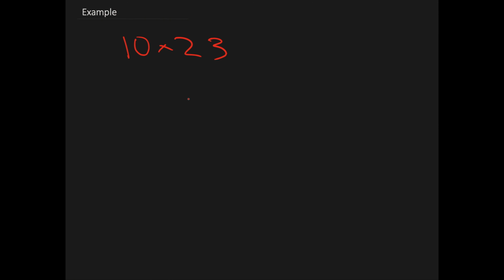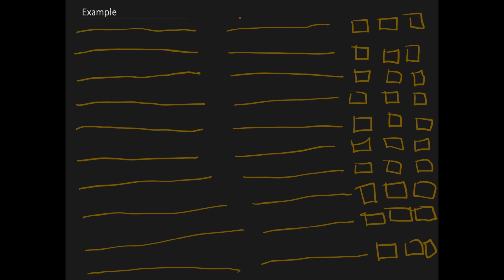You don't want to watch me draw a place value array, so luckily for you, I already did. Here is our place value array. I'm going to be going back and forth between this page and the other, so that we can help understand. This is to help us visualize and reach a product.